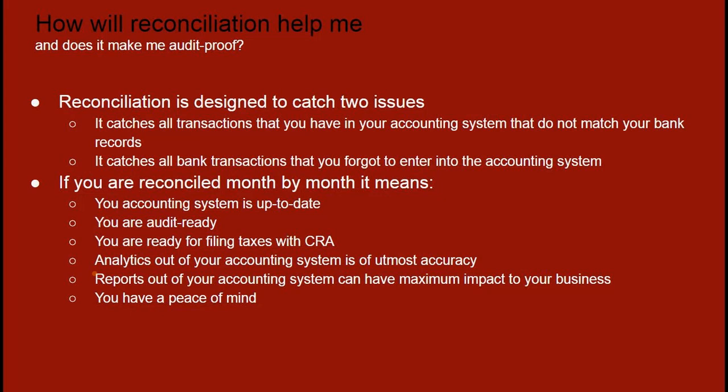You're also ready for filing your taxes with the CRA, because keep in mind, a very important aspect of firming up these numbers includes your revenue, right? Because let's assume you've got a general account. What that general account has is pretty much your revenue for your firm. That includes also HST. So if you firmed up those numbers, then you're pretty confident about the revenue, the expenses, and the HST, right?